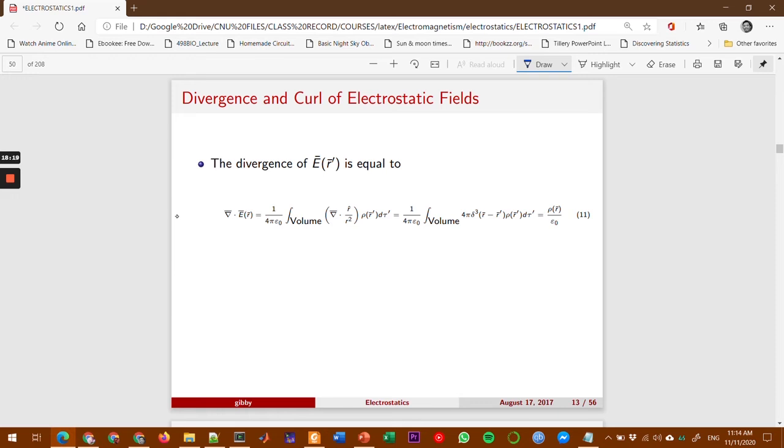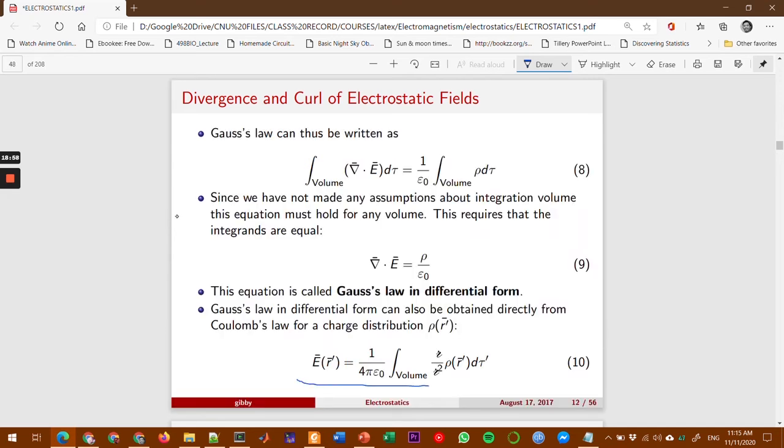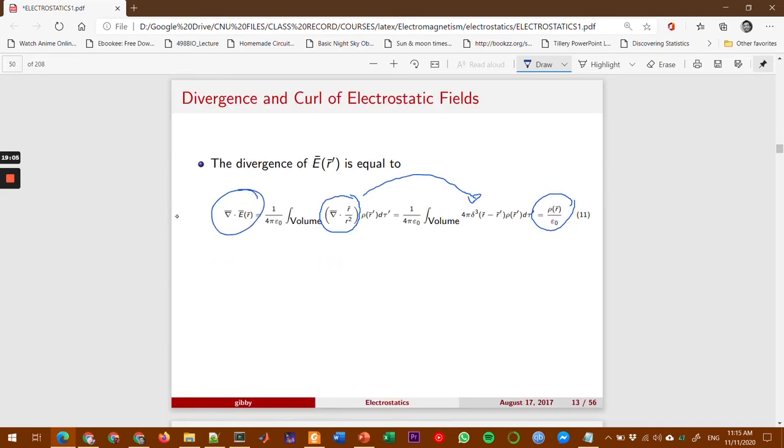We only take the part in R, because of the whole thing in R. And take note that this equation is equivalent to the Dirac delta function. Integrating over this Dirac delta function is easy and straightforward. We just have to substitute R prime with R, that's why we have this. So automatically, we get Gauss's law in differential form using Coulomb's law. Take a look at this.